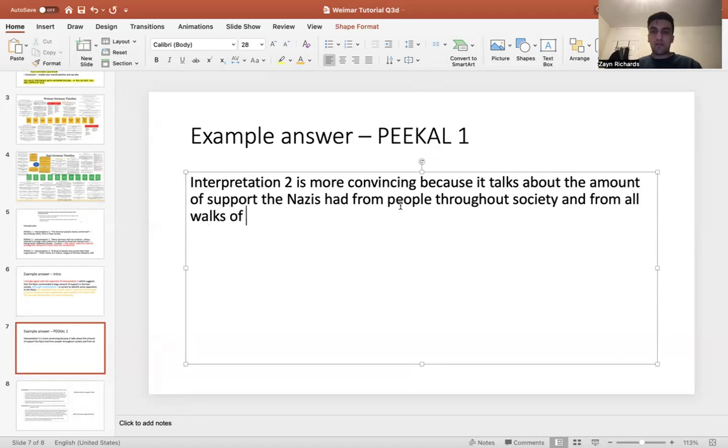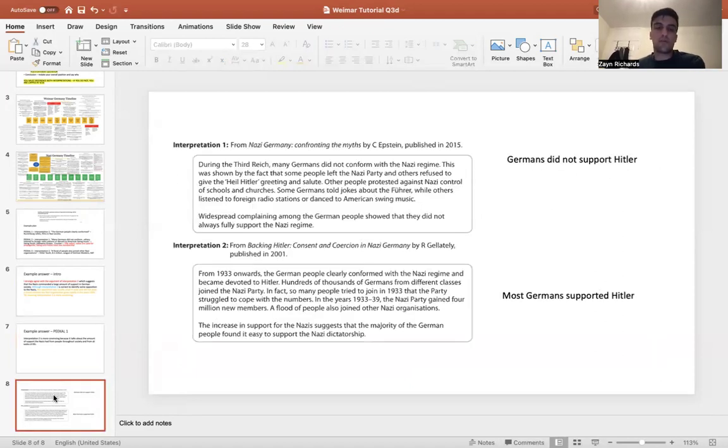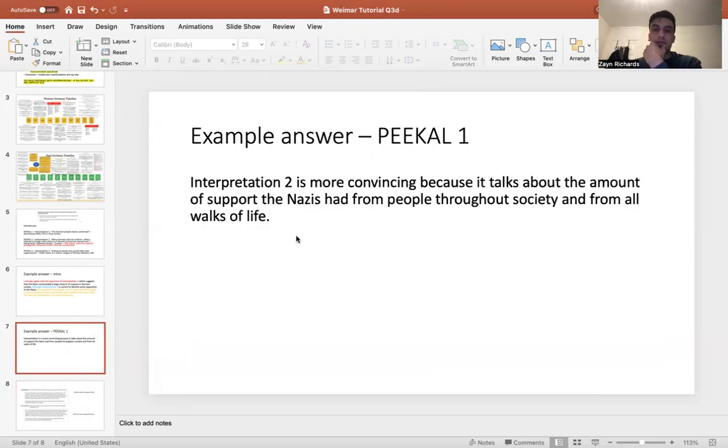Okay, remember as well, to make your life easier, always try and pick your quotes from the top, middle, or bottom. So my quote here is going to be the one at the top. So from 1933 onwards, the German people clearly conformed and became devoted to Hitler.